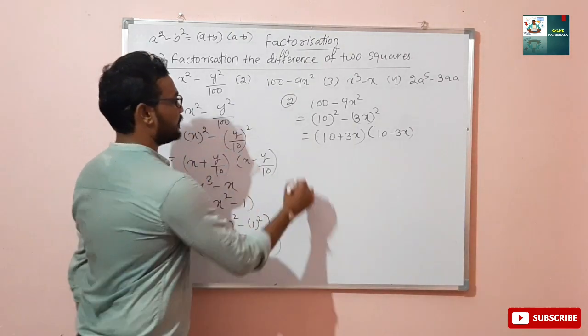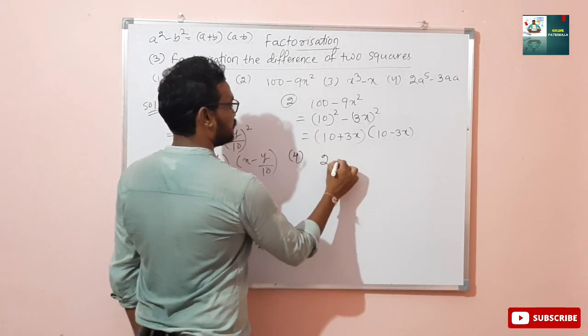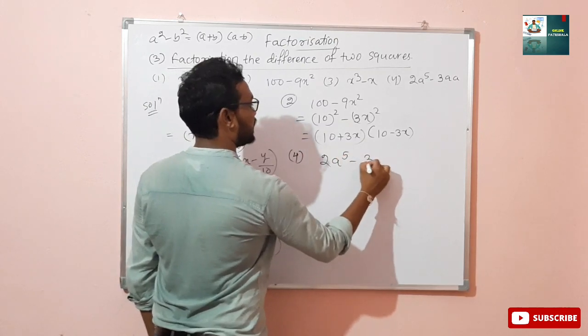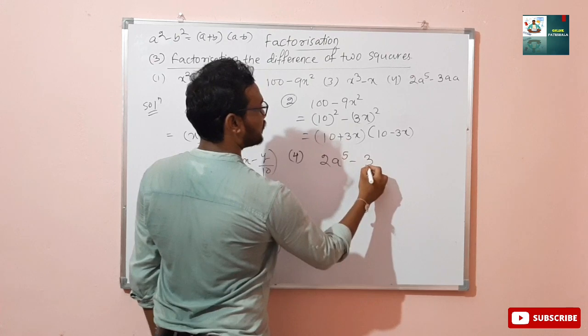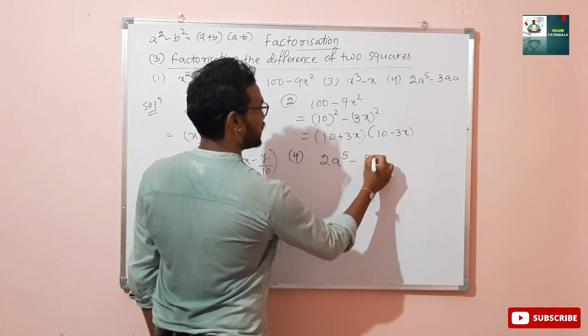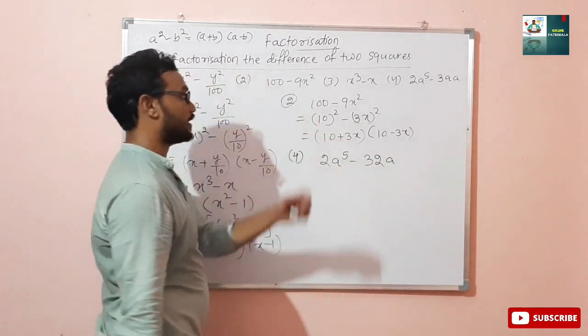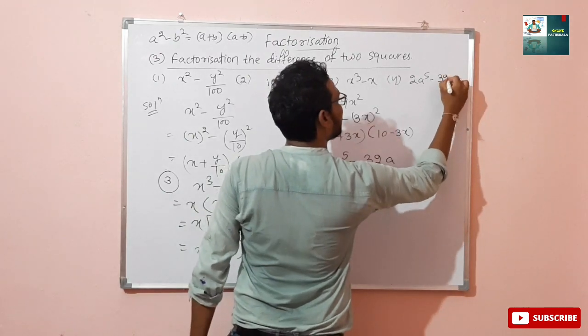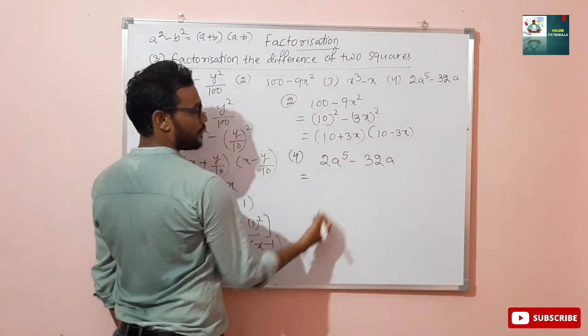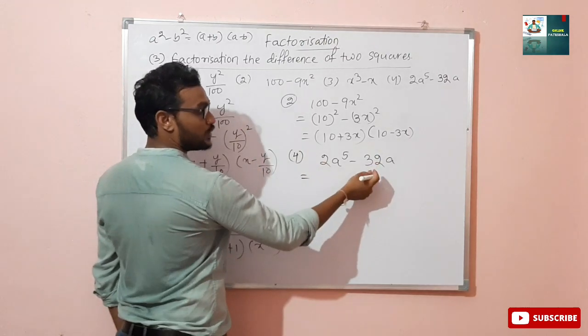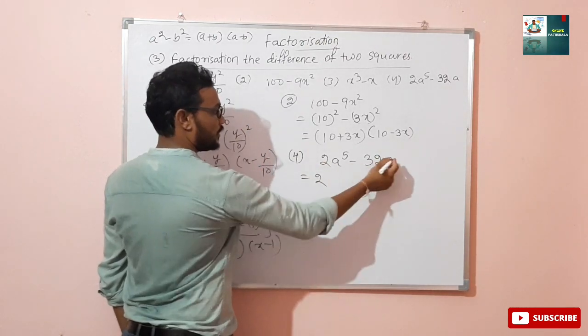Another question I have taken, an interesting question. It is 2a³ - 32a. Here I have written. So now what will you do here? Look, out of 2 and 32, 2 is common. Here a is common.